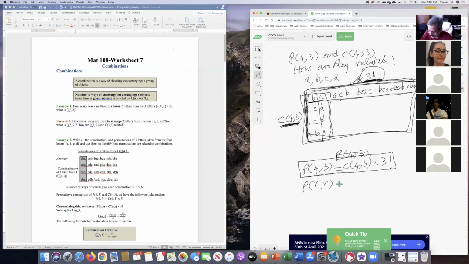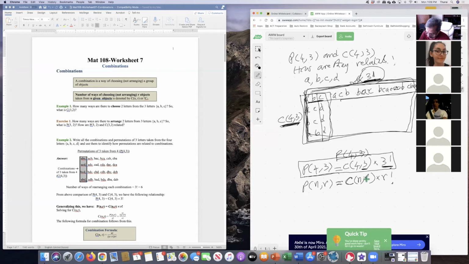P(n,r) is the same as, anybody? C(n,r) times r factorial. That's right. We read this as C(n,r), not C times n r. That's not a product. It's a notation.